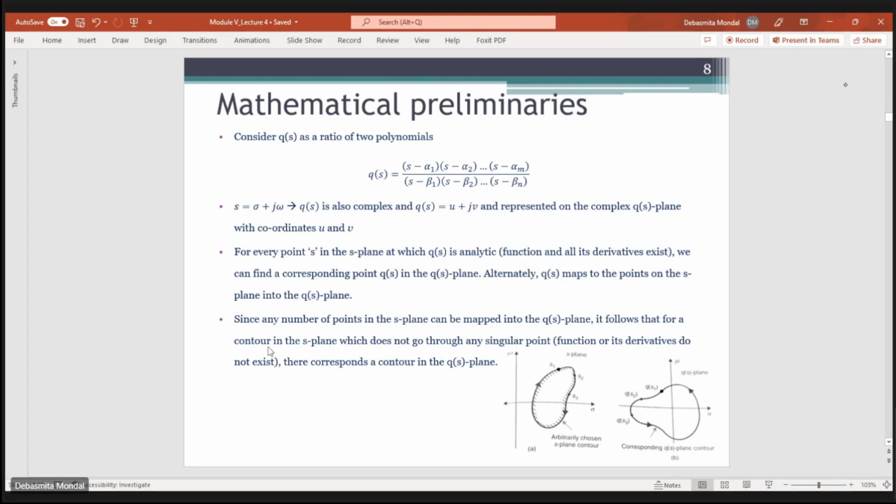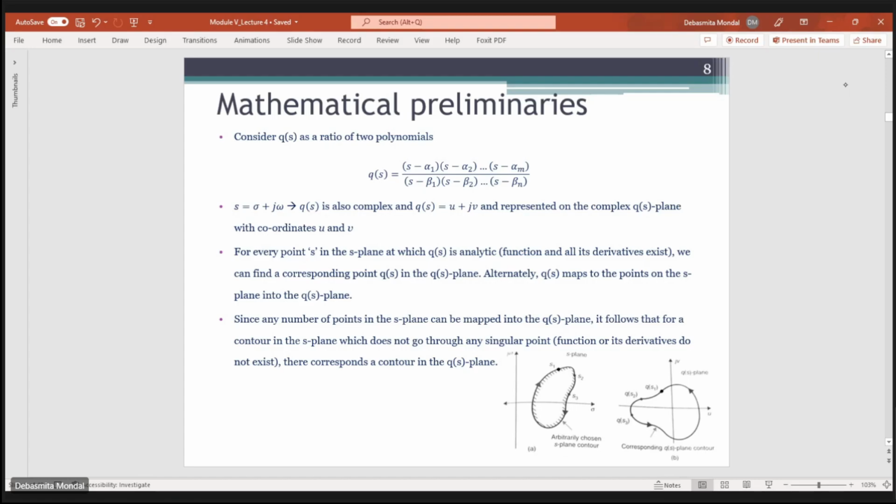Now, since any number of points in the S plane can be mapped onto the QS plane, if we draw a closed contour, let's say we start from S1 and draw a contour like this in a clockwise direction, and we calculate the value of QS for every point on this contour, then there will be a corresponding contour in the QS plane also. This holds for a contour in the S plane which does not go through any singular point, meaning a point at which the function or its derivative does not exist, that is, the poles and zeros of QS.